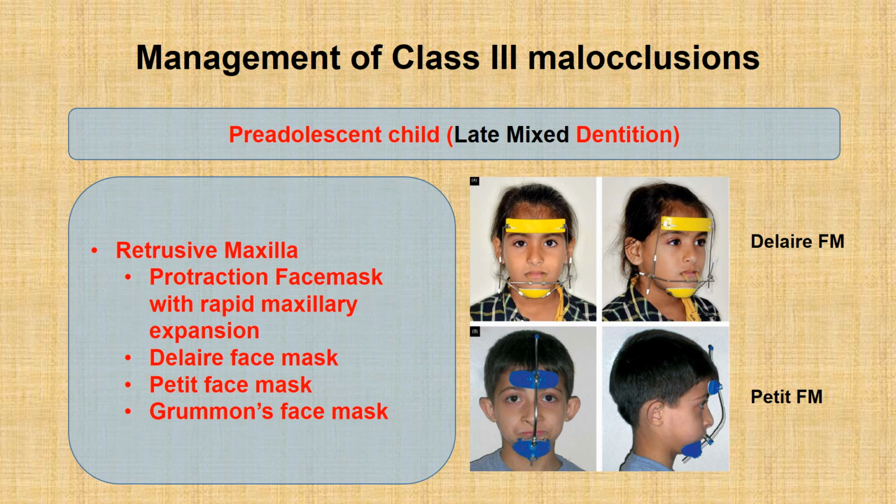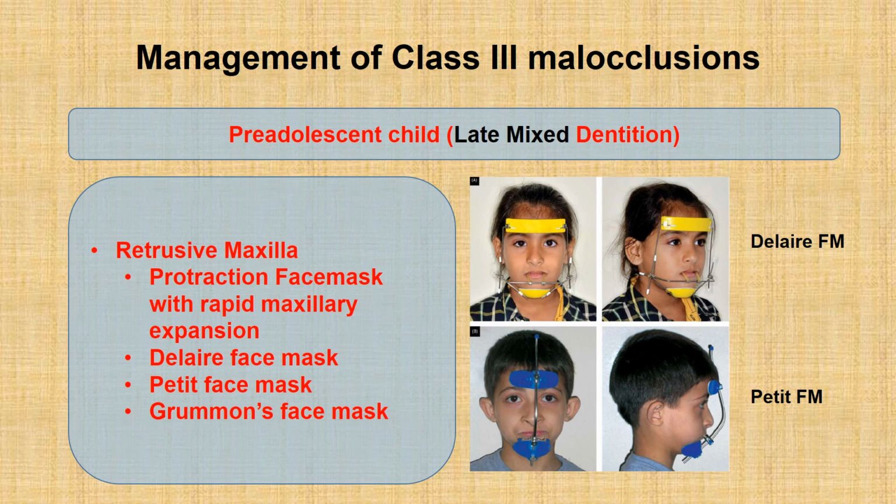Okay, in the late mixed dentition, we could use a protraction face mask to correct a retrusive maxilla. We can use a protraction face mask combined with rapid maxillary expansion, because we must remember, when we say the maxilla is small, it is not just in the AP direction but is also small in the transverse plane.